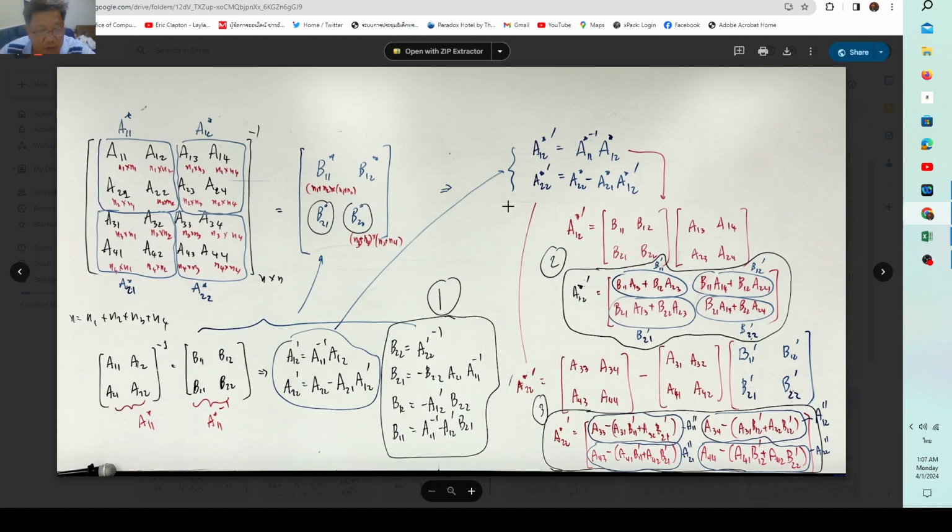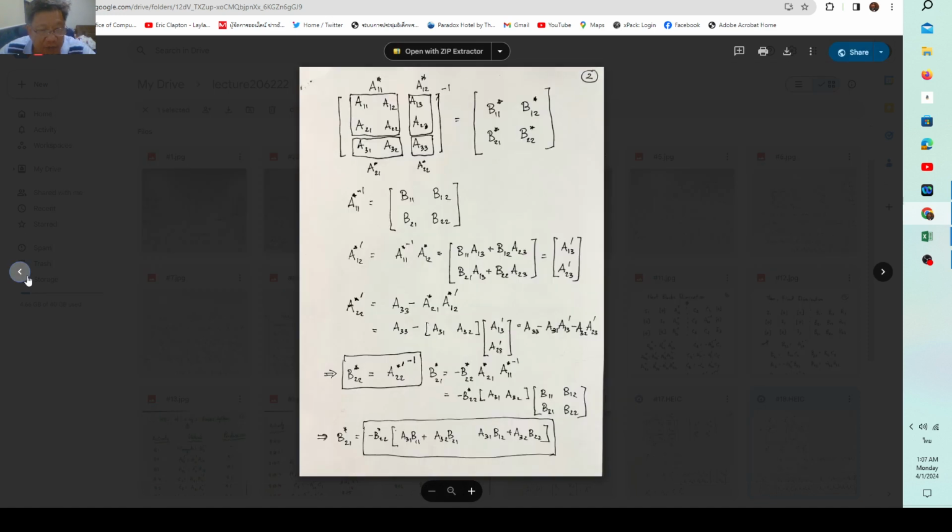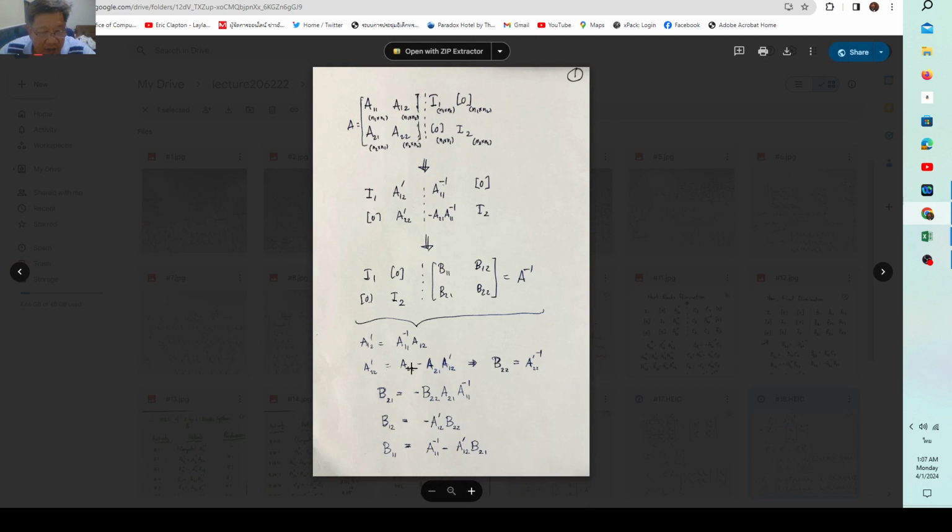I think in this one we didn't really complete the inverse of finding B11 star, B12 star, B21 and B22 star. But we did compute A12 star, A22 star, because, if you remember the formula here, you need to find A12 star, A22.